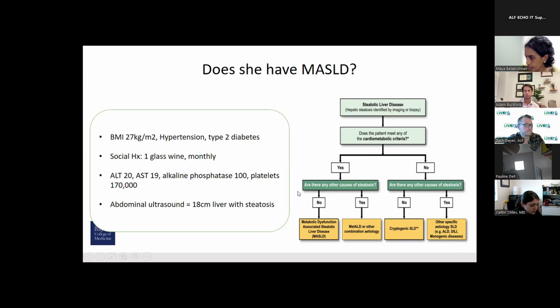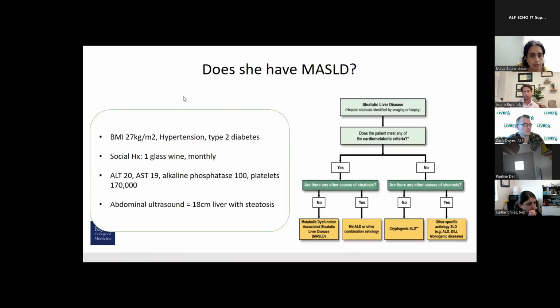So yes, she meets criteria for MASLD. She doesn't drink a significant amount of alcohol, so alcohol is probably not driving this liver disease. And she doesn't mention she's taking any new medications or anything like that. So this is a patient where you can conclude that, yes, she has MASLD.